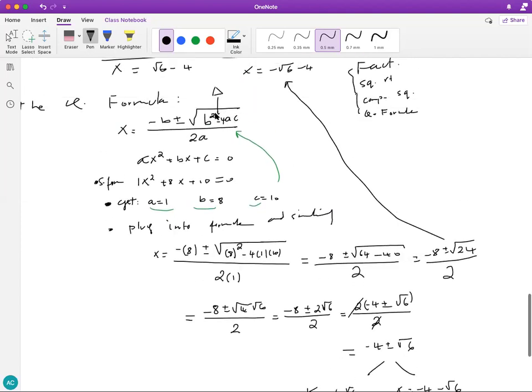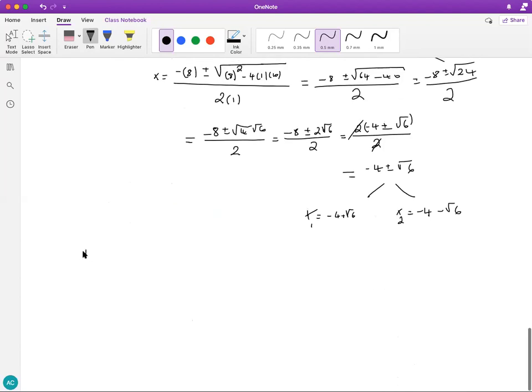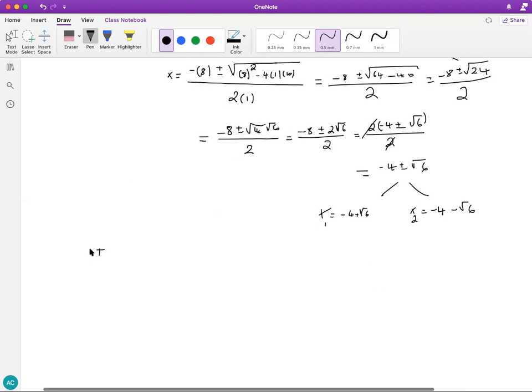This little thing inside the radical gives you an idea whether you can have two solutions, none, or one. This is what we call the discriminant. I believe the discriminant.